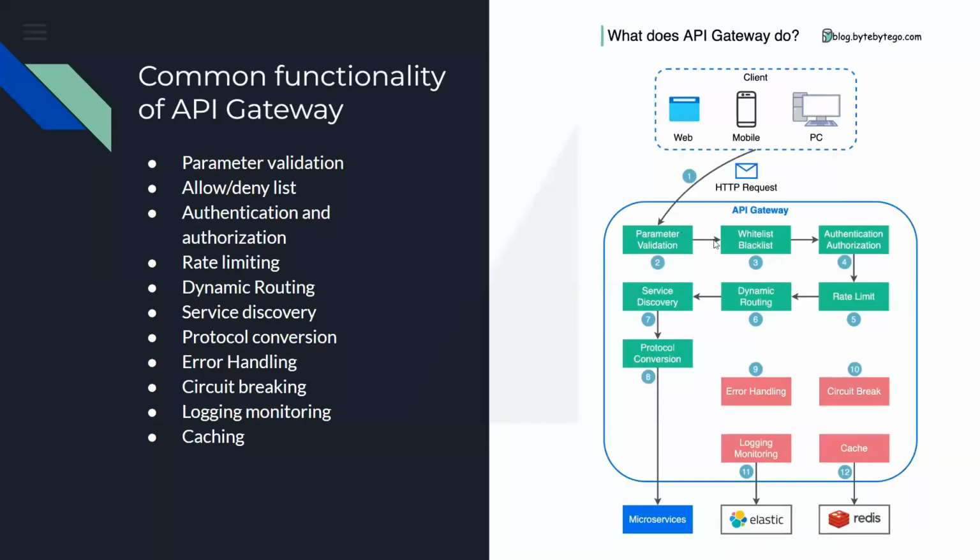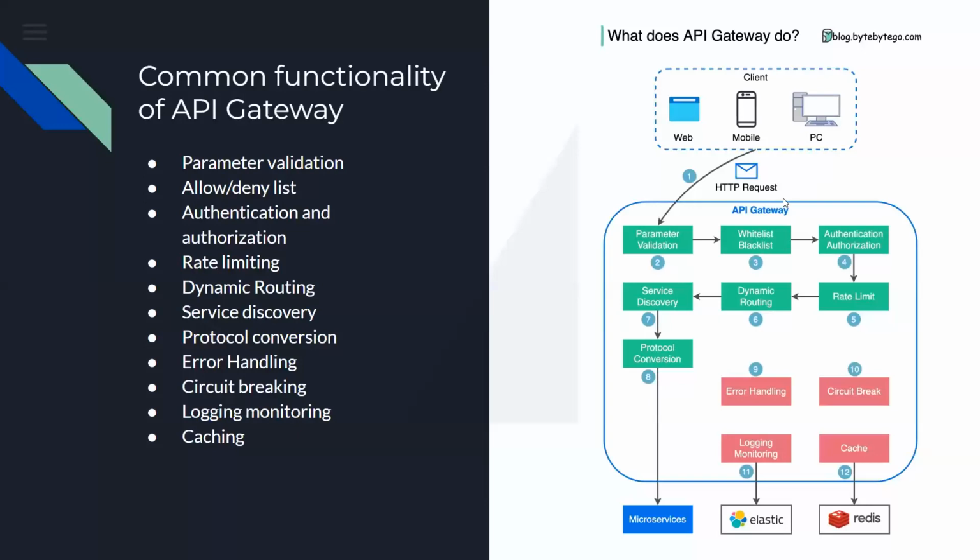If it passes this validation, then it moves to the whitelist or blacklist, which is also known as the allow deny list. Does the request pass this list? Does it contain anything that is part of a denied list?